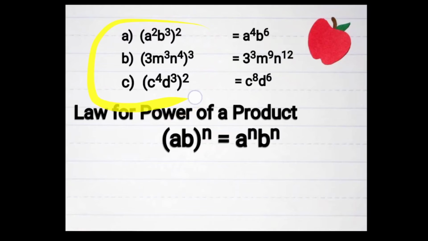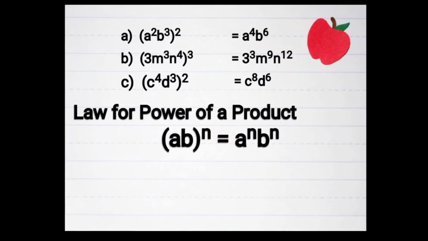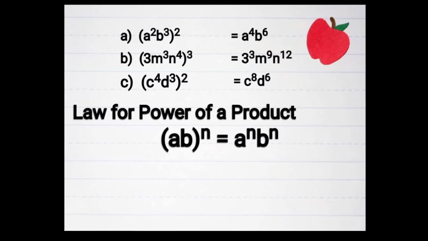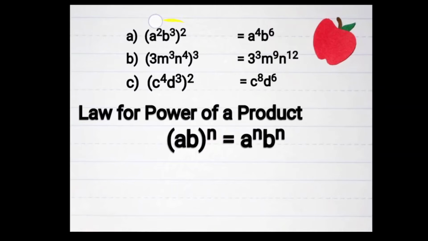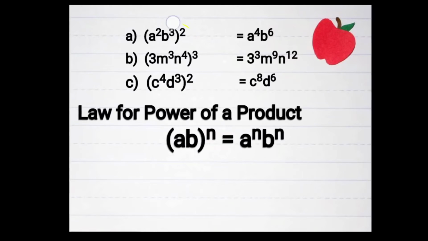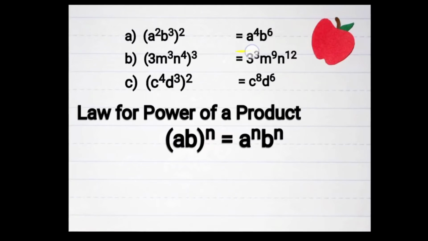Take a look at these examples. We have a squared times b cubed, squared. So what you are going to do is to multiply the outside exponent to the exponents inside the parentheses. Let's have the exponent of a. 2 times 2 is 4. That's why a raised to 4.